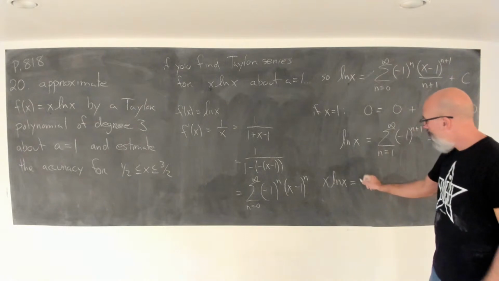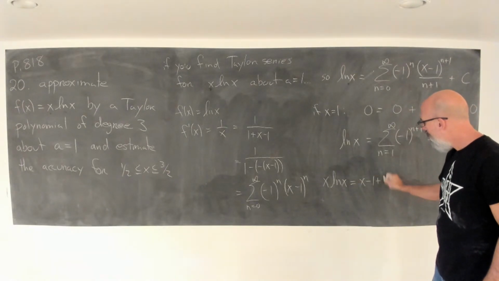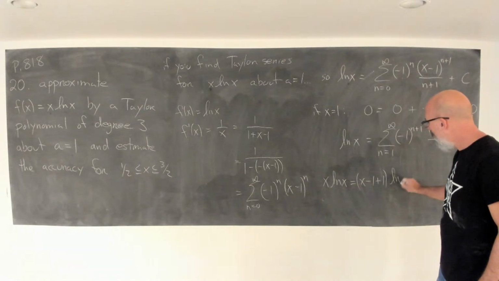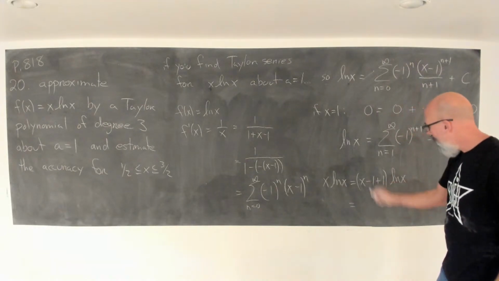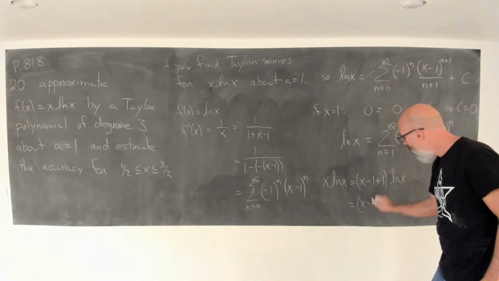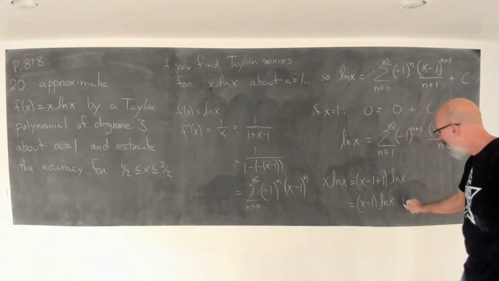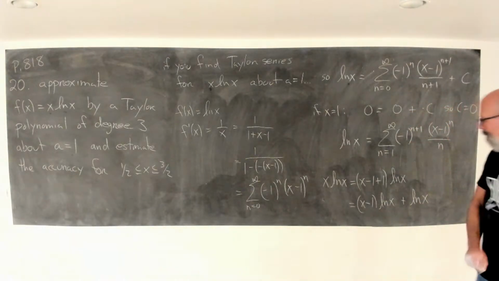So you're not going to multiply by x. You're going to multiply by x minus 1 plus 1. And that's going to be x minus 1 ln x plus ln x.